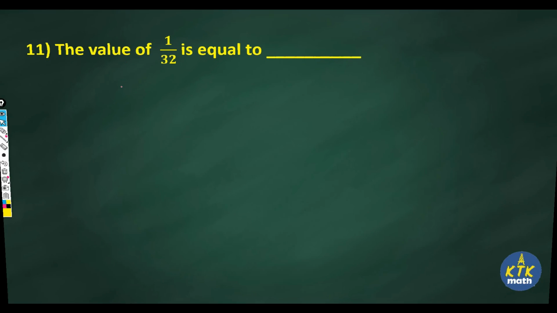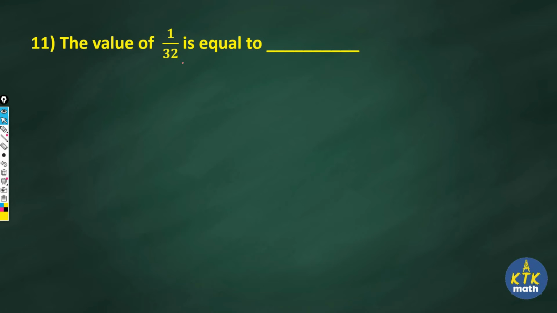Question number 11. The value of 1 by 32 is equal to. I'm not going to show the options, so what would you think now? When some fraction is given and 32 is given, the answer you need to express in terms of exponents. How can you express something when the denominator number is given there?